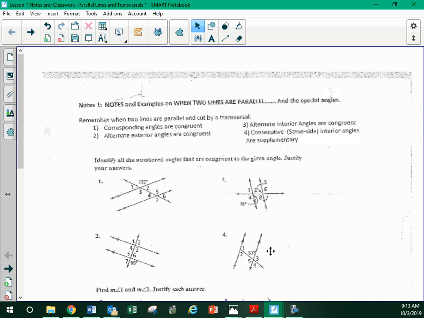Alright, so just as a reminder, when 2 lines are parallel, and they have to be parallel, and then cut by a transversal: corresponding is congruent, alternate exterior is congruent, alternate interior is congruent, and same side interior is supplementary. Let's add on the same side exterior, or consecutive exterior.